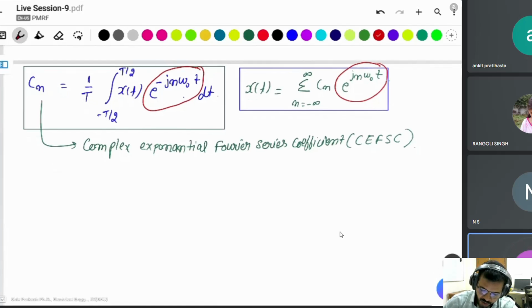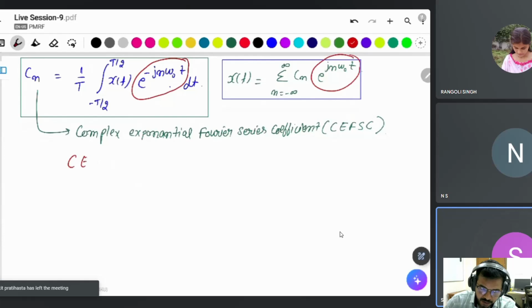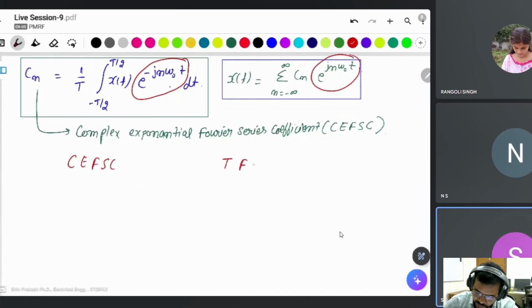Okay. How can you convert this complex exponential Fourier series coefficient to the trigonometric Fourier series coefficient? This will be A naught is equal to C naught.